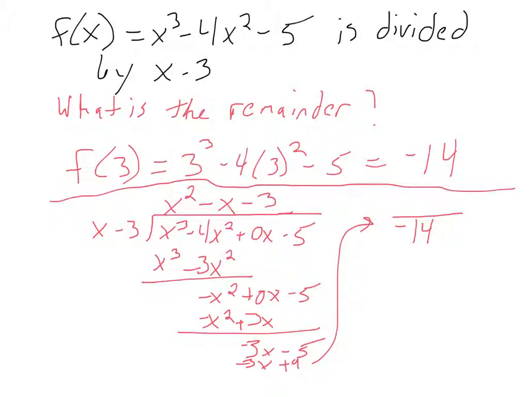So if all I have to do is find the remainder, this is a much easier method than polynomial long division, as has been perfectly well displayed right here. So the remainder theorem can be very useful for finding the remainder if you have to do that, which oftentimes you do.